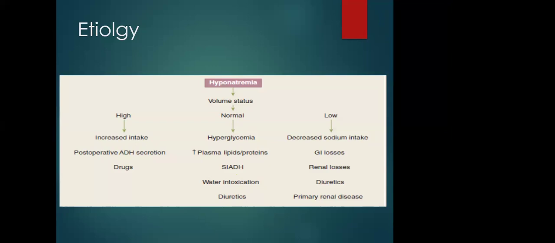And you can have patients with gastric outlet obstruction with severe vomiting, patients with renal tube aspiration, and SIADH, which is syndrome of inappropriate antidiuretic hormone secretion. Also, you can have patients immediately after surgery or trauma, who have increased ADH and usually have sodium depletion.